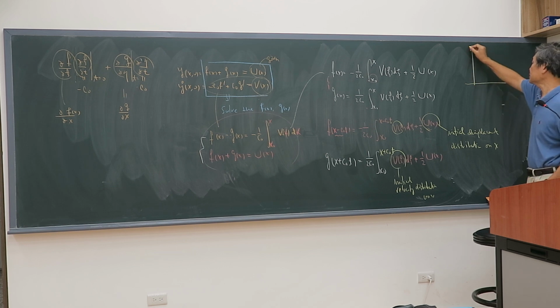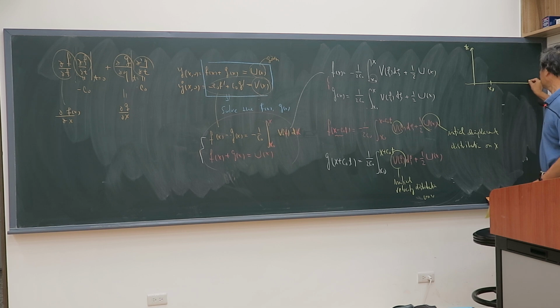So this is the time axis. And this is at x0 to x. This is my range, my domain. Okay. And I have an initial velocity, and this axis an initial displacement distribution. Okay.